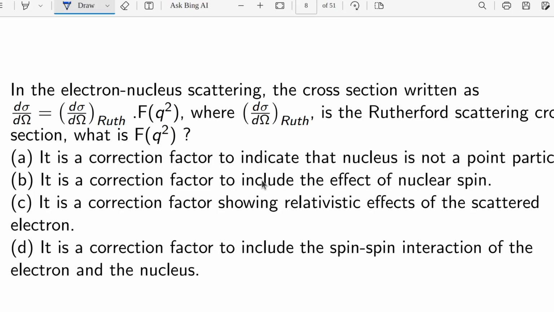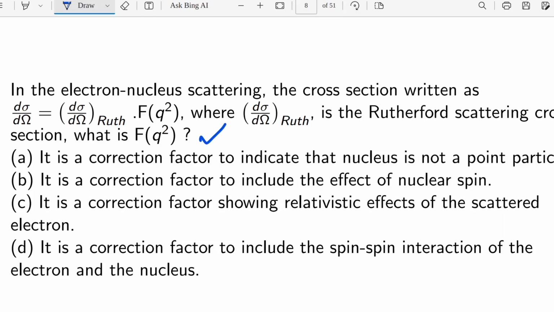Two: it is a correction factor to include the effect of nuclear spin. Three: it is a correction factor showing the relativistic effects of the scattered electron. And the fourth option: it is a correction factor to include the spin-spin interaction of the electron and the nucleus. So whatever he gave in his lecture, at that time he already told about f(q²).